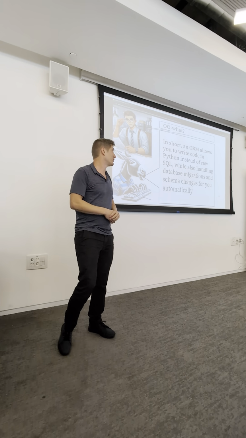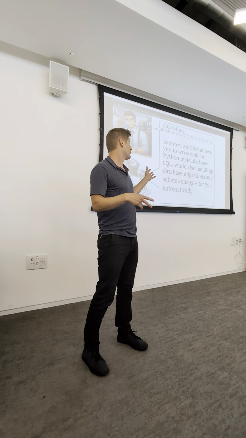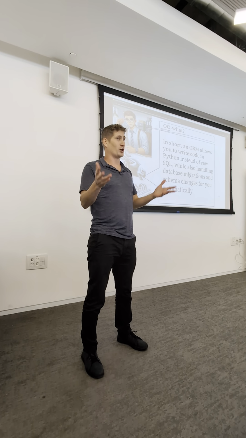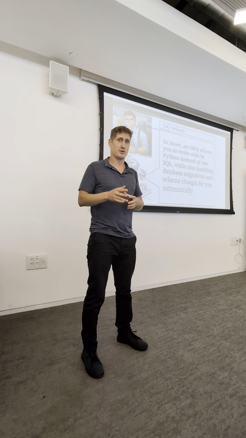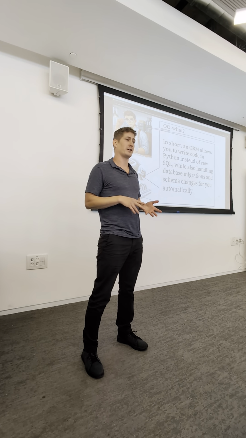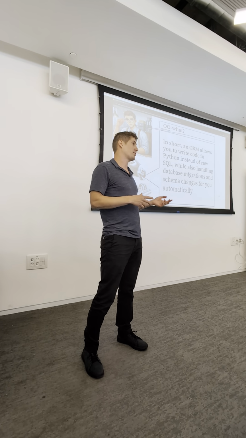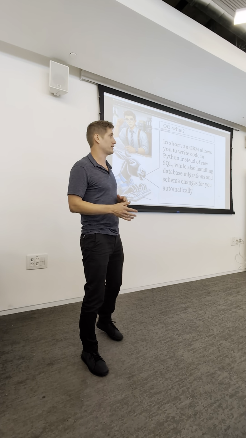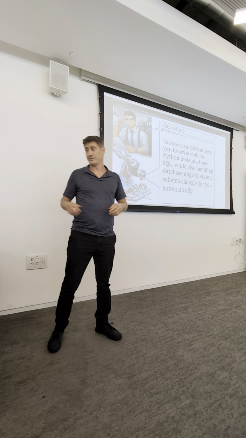So when we talk about an ORM, basically it allows you to write code in your own programming language without writing raw SQL. It also manages the migration and the schema for you.